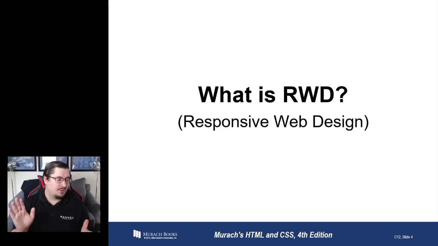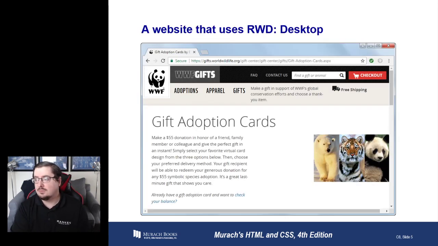Okay, so first of all, what is responsive web design? What are some of the components of that? What does that look like? So here we've got a website that's built for desktop, okay? And we want to see, well, what can we do to make this work on mobile? Well, first we might have to go and look and see what are some of the problems with this website as it stands for moving it to mobile?